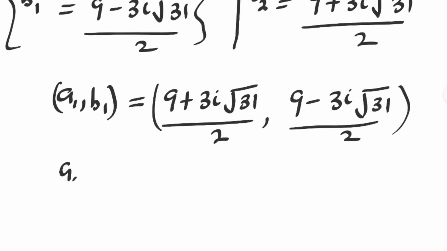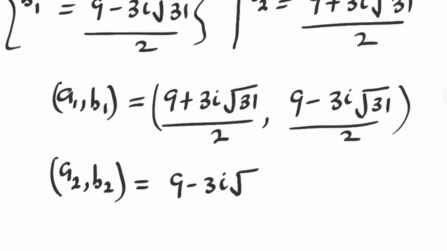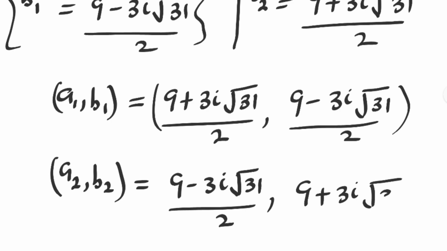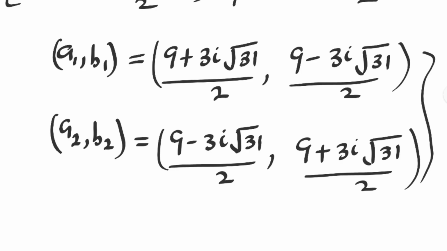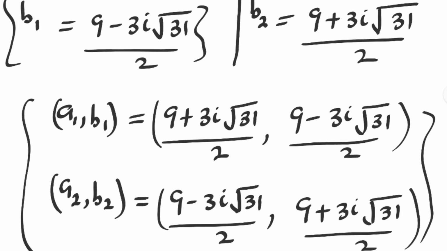Then a2, b2 is equal to 9 minus 3i square root of 31 over 2, 9 plus 3i square root of 31 over 2. These are the values of a and b, and if you check, you will discover that you get the right answer.